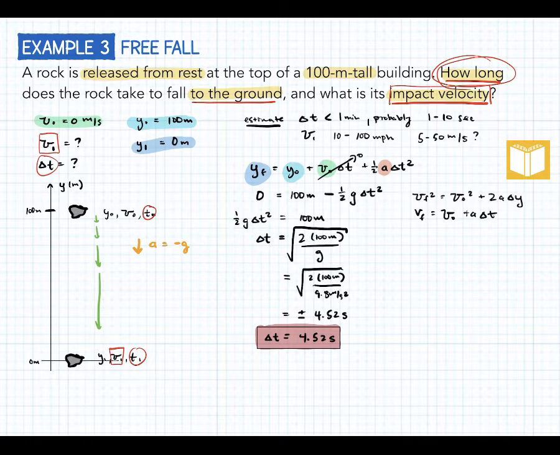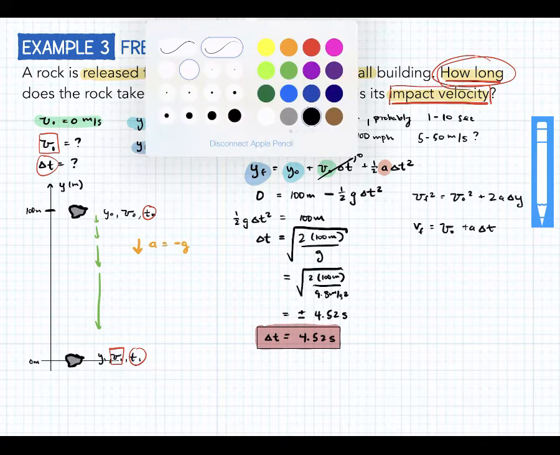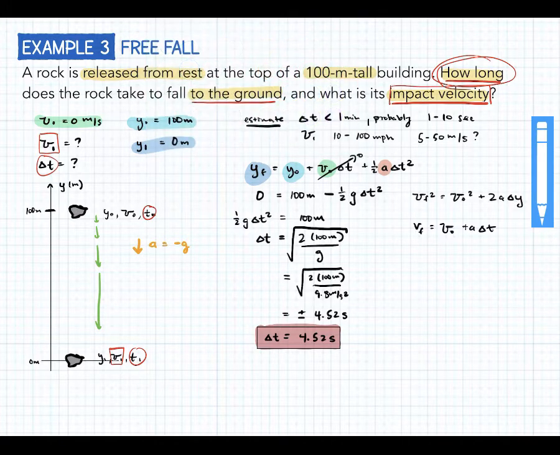Either of these should work, but it's probably easier to use the one without squares, so we'll end up using this one. I'm going to bring that down a smidge. Remember, once again, we know that our V initial is going to be 0, just because we have that over here.